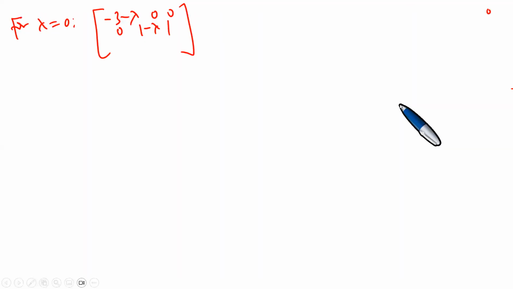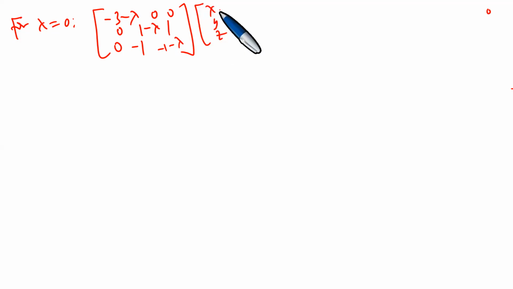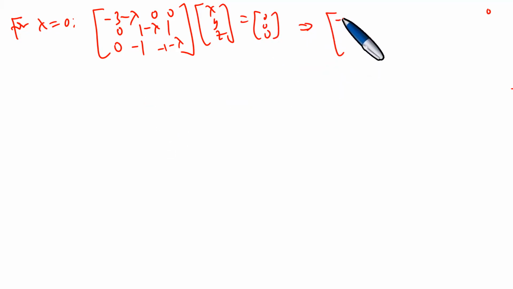And then 0, minus 1, minus 1 minus lambda. Then you have x, y, z. So when lambda is 0, you have minus 3, 0, 0, 0, 1, minus 1, and this one is x, y, z.